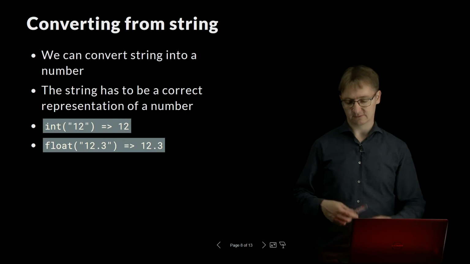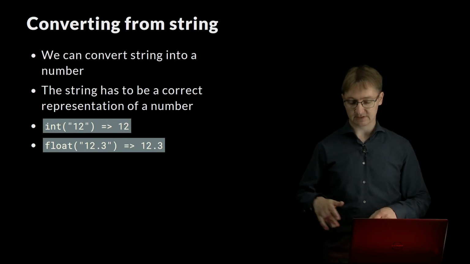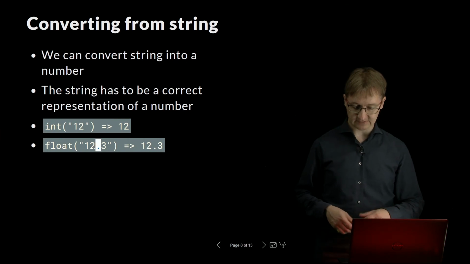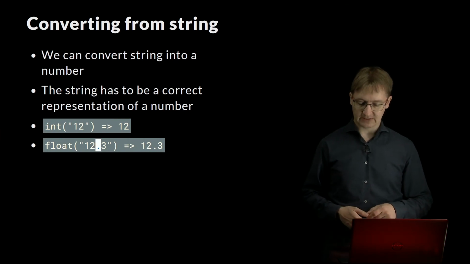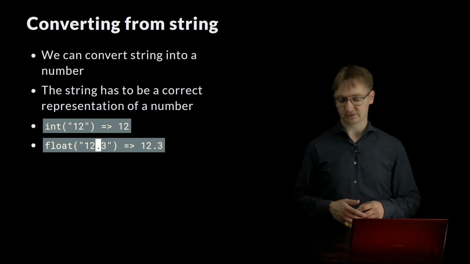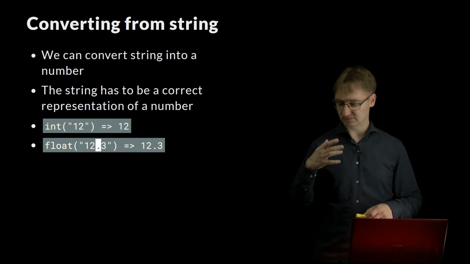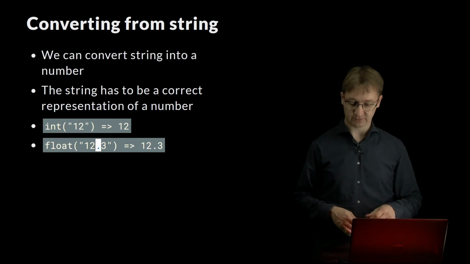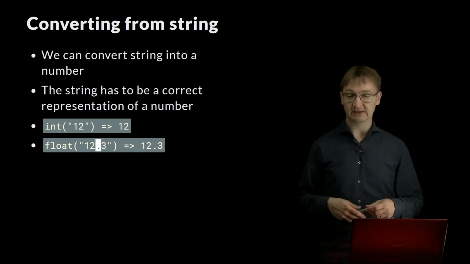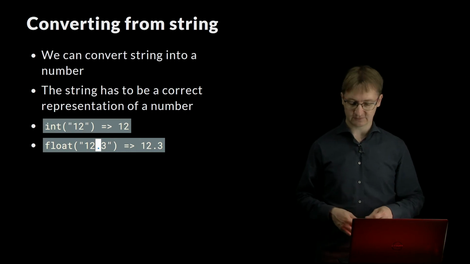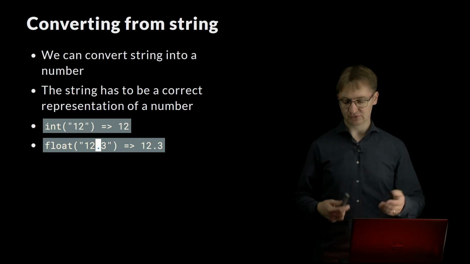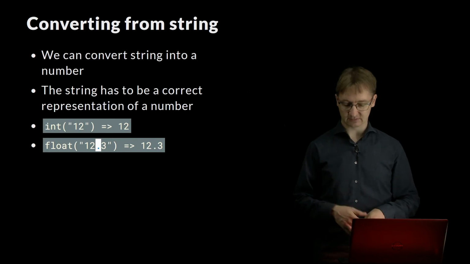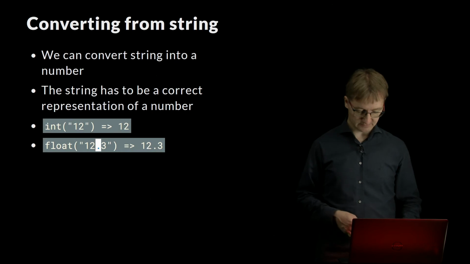In the case of float, there can be a decimal point, but nothing else is allowed. So for example, if I have some letters there or even a space, I will get an error. So you may have to clean up the string before using those functions. But usually, if you are certain that there is a number inside this string, then you can convert it into a number as expected.